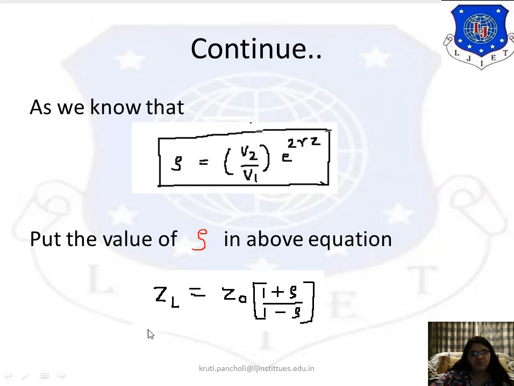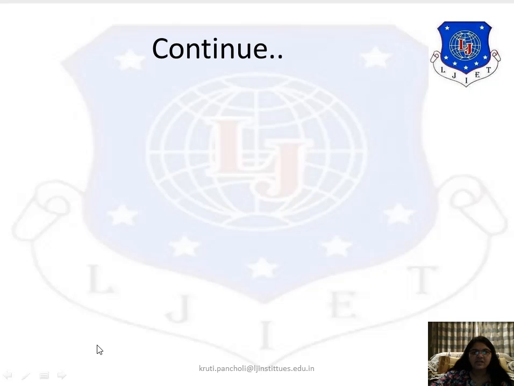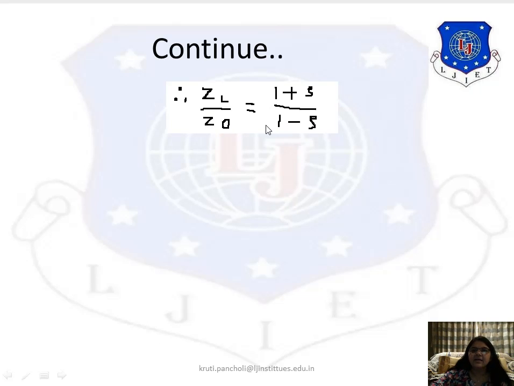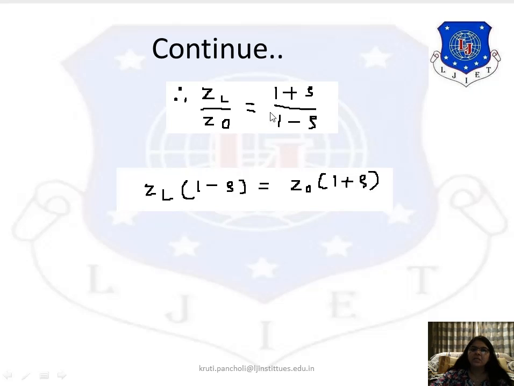Again, we can find the value of rho in terms of ZL and Z0. Taking Z0 to the denominator, ZL upon Z0 is equal to 1 plus rho upon 1 minus rho. Cross multiplying, ZL times 1 minus rho is equal to Z0 times 1 plus rho.